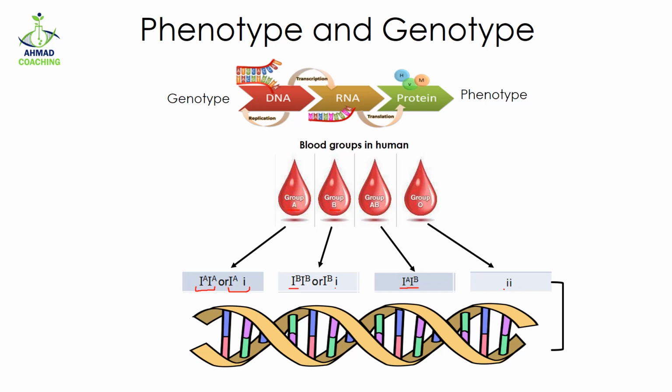And if both alleles are small i, the person will have blood group O. And all this information is stored in the DNA.